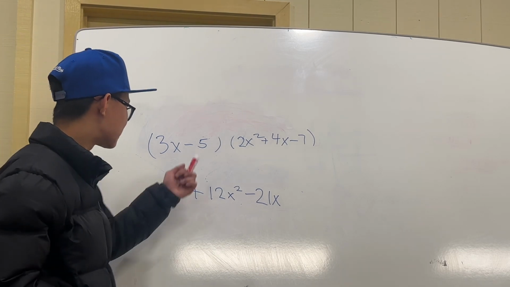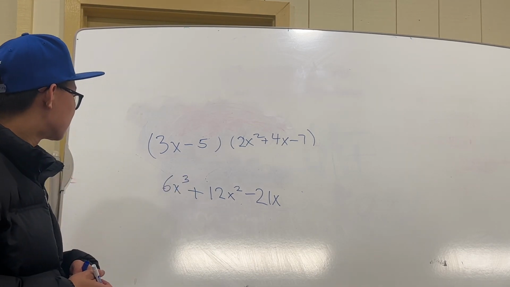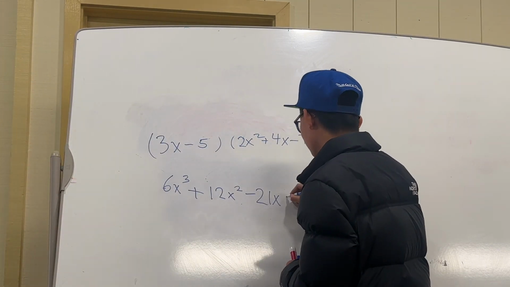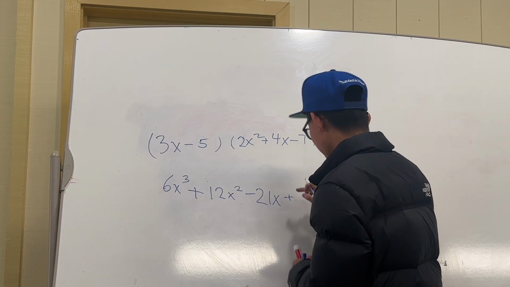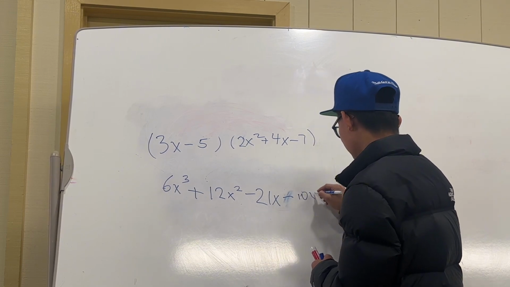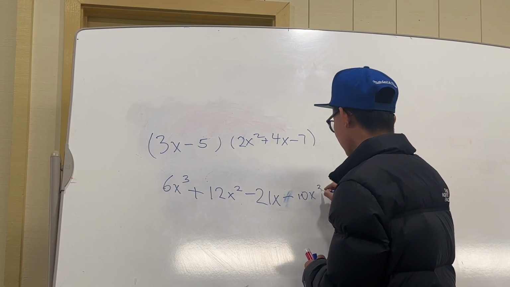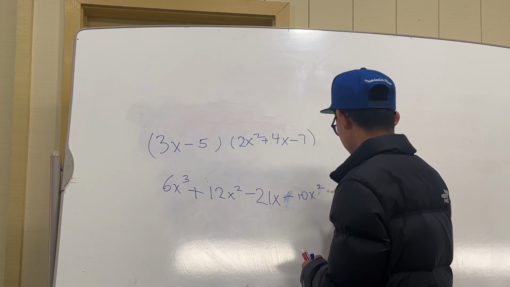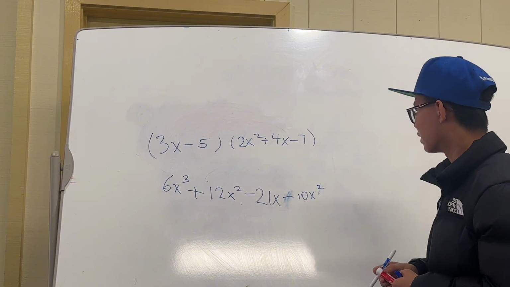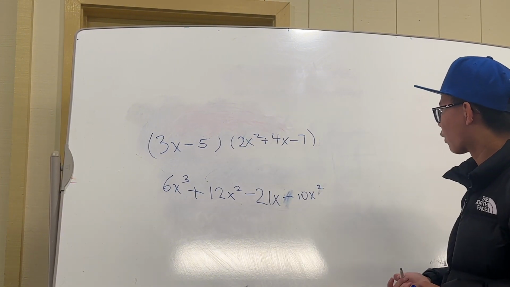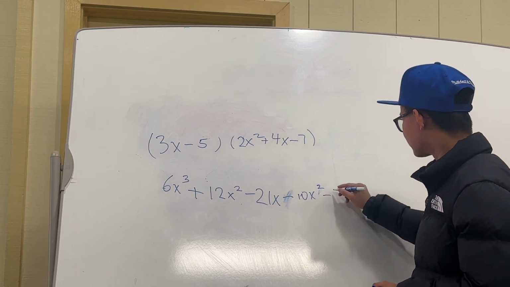And negative 5 times 2x squared is, since it is a negative, minus 10x squared. Then negative 5 times 4x is minus 20x.